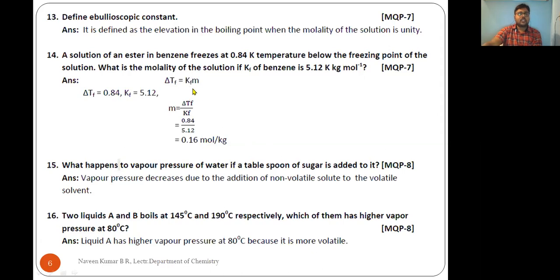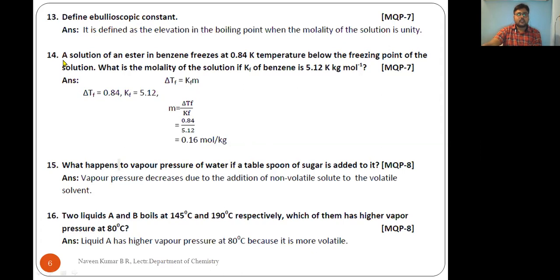For Kf, you can answer the same: cryoscopic constant or molar depression constant. Kf is defined as depression of freezing point when the molality of the solute in the solution is 1. Here, ebullioscopic constant is defined as elevation of boiling point when the molality of the solute in the solution is 1 or unity. So it will be clear.